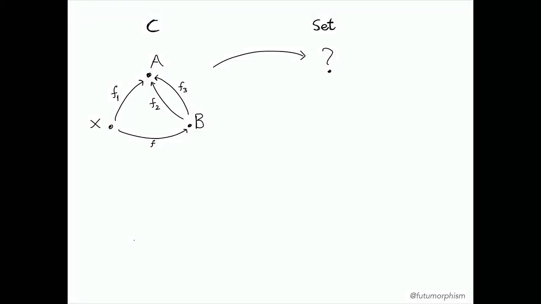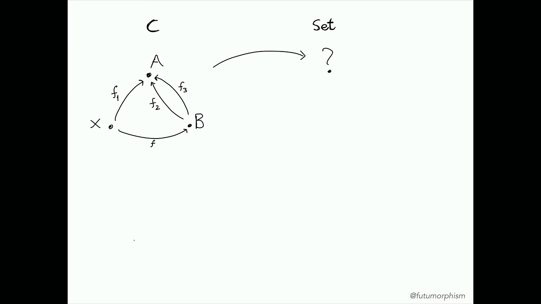So we saw what it looks like in preorders, and I want to show you a bit of the Yoneda embedding in the more general case. So imagine we have a category C, it could be any category. Can we define a functor from C to Set?